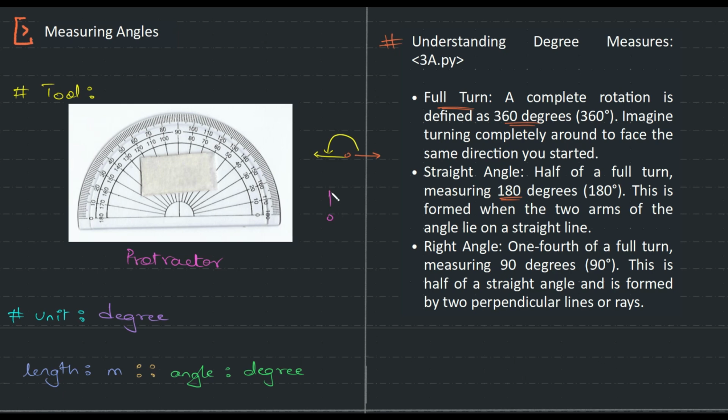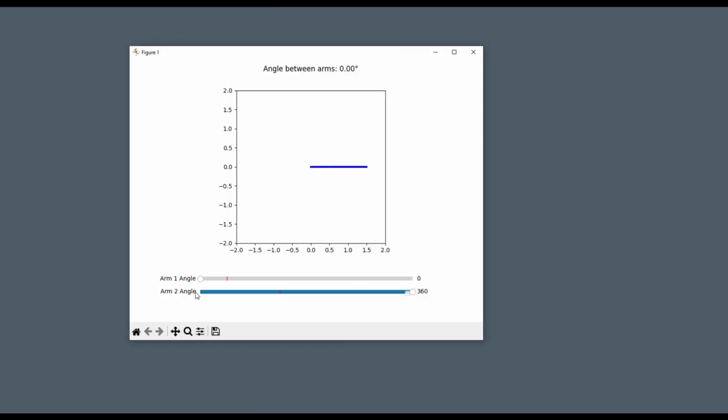If you're pointing up and you turn half the way, you will be pointing down, and so on. So let me do this. Now, I've turned towards the right. I'm making the blue line turn half the way and it's turning towards the left. So you can see the approximate value is 180 degrees.